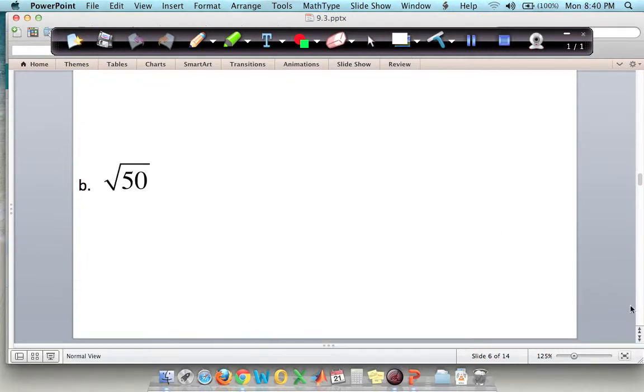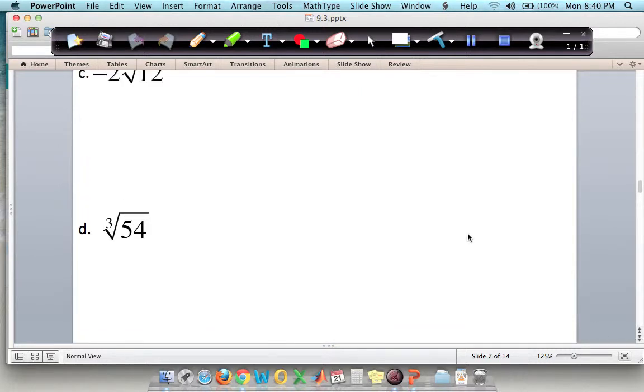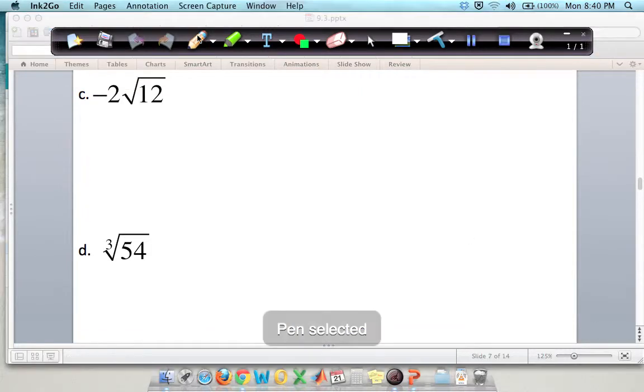Okay, let's look at two other examples. So C, we have negative 2 times square root of 12, and you can look at your perfect square list, or since 12 is a small number, it's kind of easy to figure out perfect squares under 12 are only 4 and 9, and it happens to be 4.